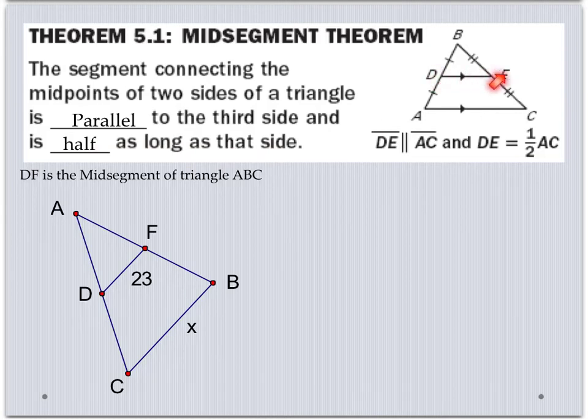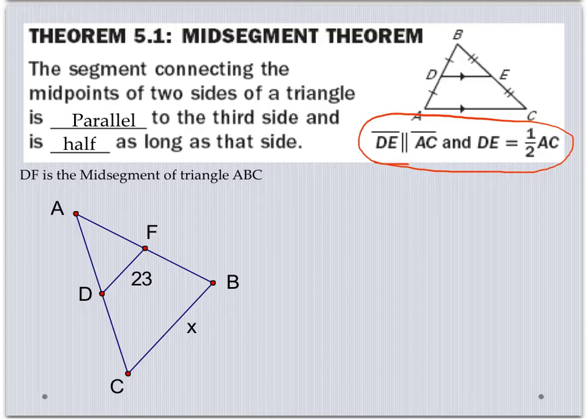So in other words, DE is half the length of AC, or AC is twice the length of DE. These formulas are what you really need to be aware of, but please don't just memorize formulas. That makes no sense to do. What makes more sense is just looking at the picture. As long as you can remember a 2-to-1 ratio, we can figure this out.